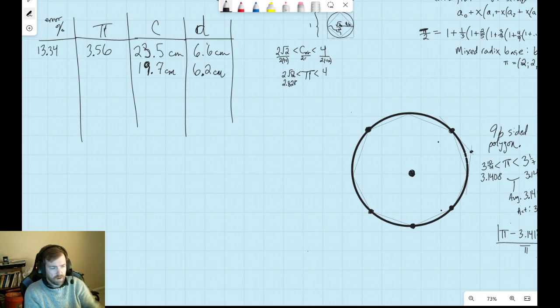Okay. 19.7 divided by 6.2 is 3.177. That's a little bit better. Okay, minus pi, divided by pi. Percent error is 1.14. Much better.